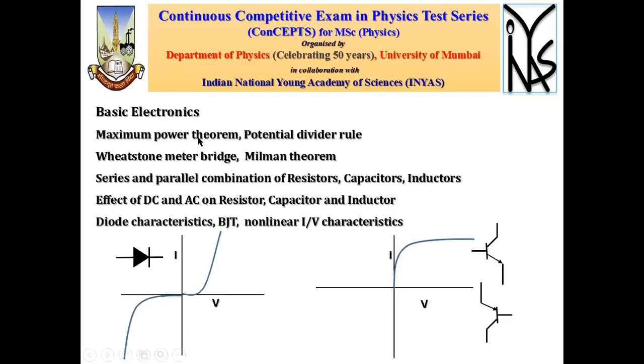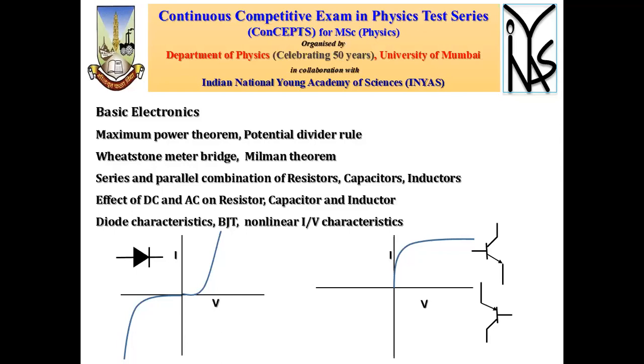Second part: the maximum power theorem and the potential divider rule are basic electronic principles that we have studied. Somewhere we have some rarely used Wheatstone meter bridge equations, which are used in framing some questions.